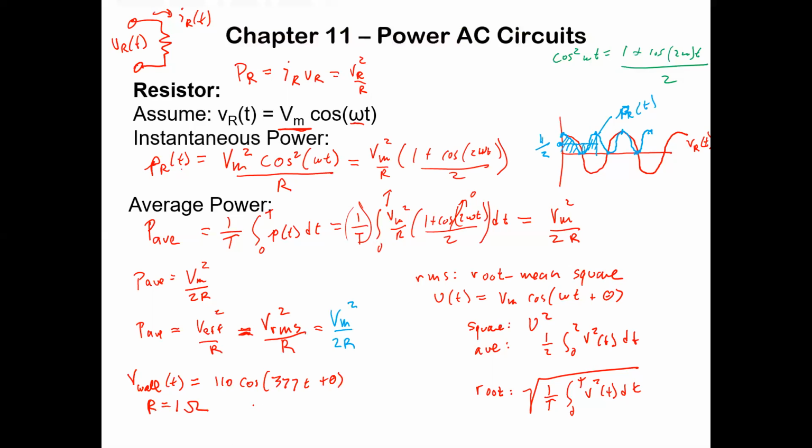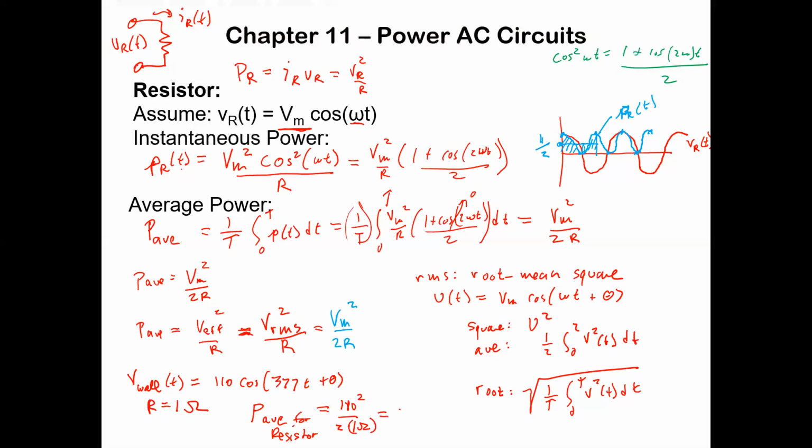So P_R, and we'll talk about the average power, P average for the resistor, is going to equal the magnitude squared over 2R. It's going to equal 110 squared over 2 times 1.